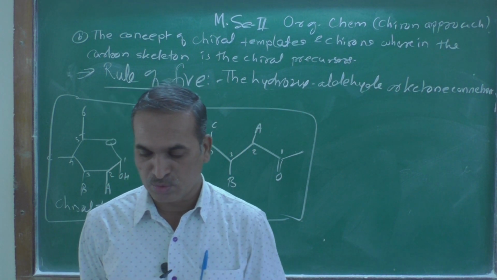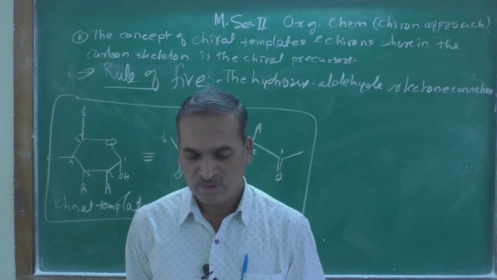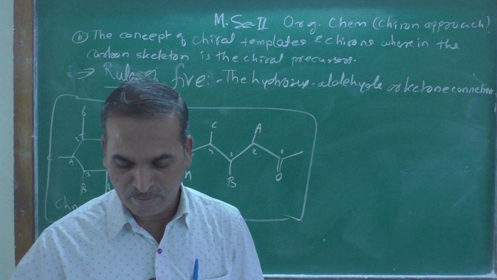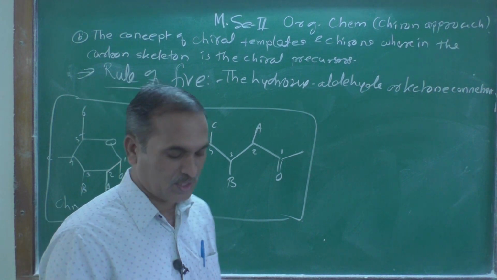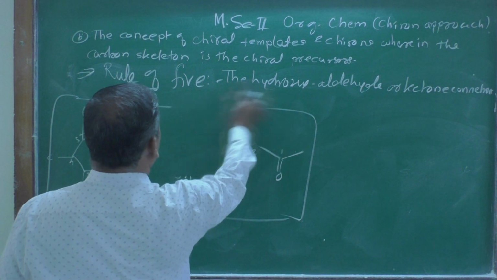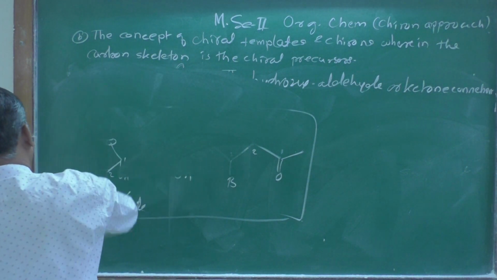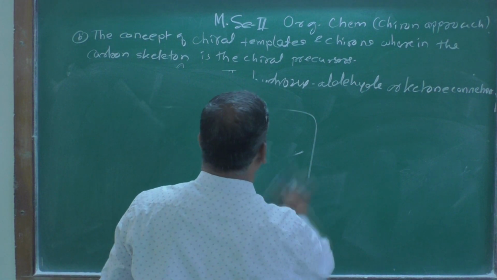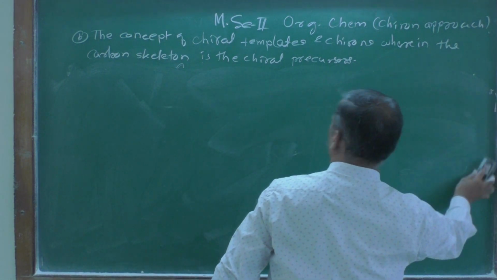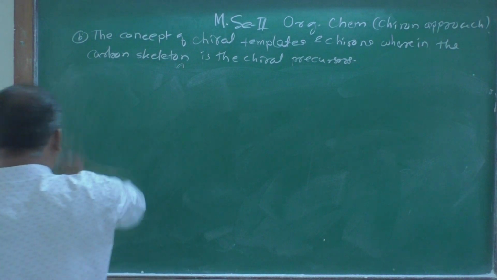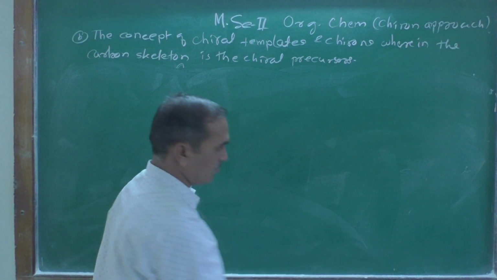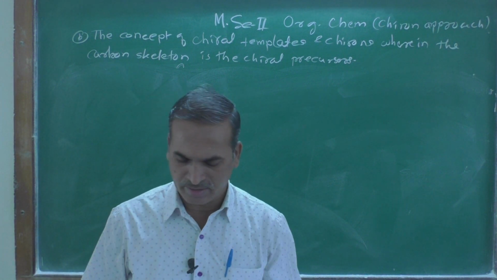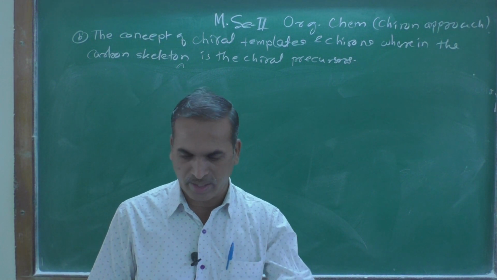Now we are going to learn how the functionalization and control of stereochemistry by manipulation of hydroxyl group work. Whatever we have seen over here just now is the rule of 5. Now the rule of 5 we have learned, with the example, and let us stop today here.